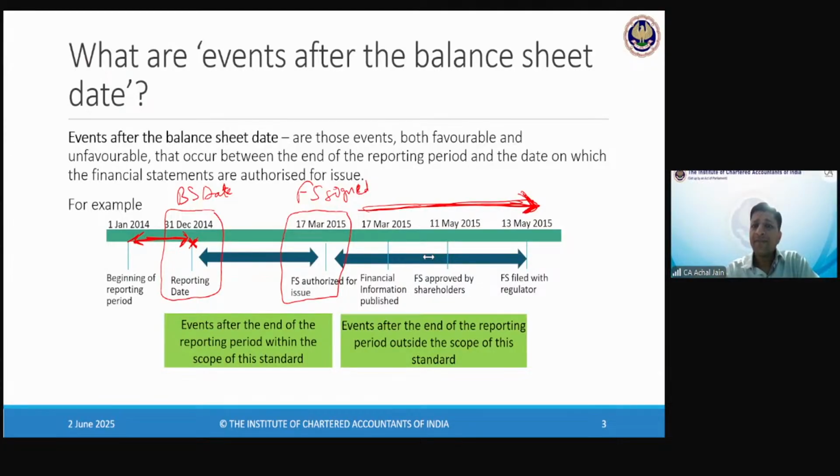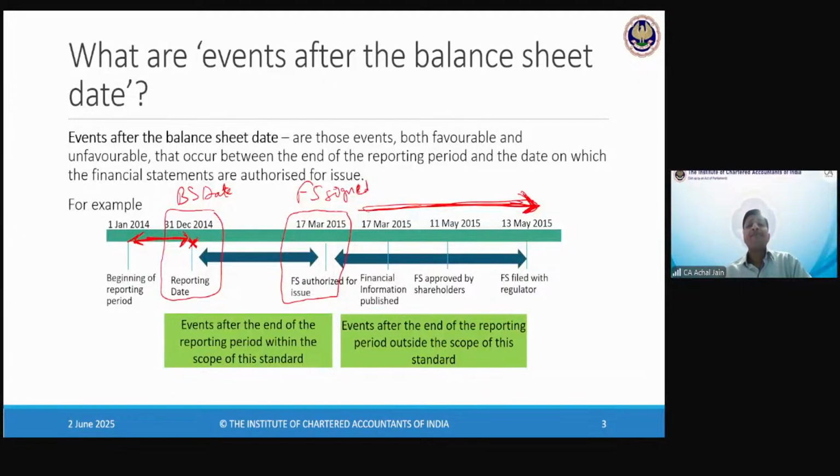Yeah, so Prem says that is 2014. So can you tell me the complete period? What is our complete period for the reporting? Anil says 2014-15. No, that's not a financial year in the given case.